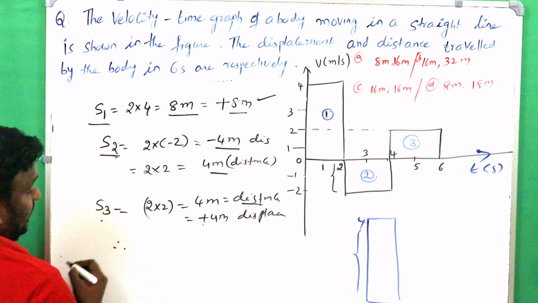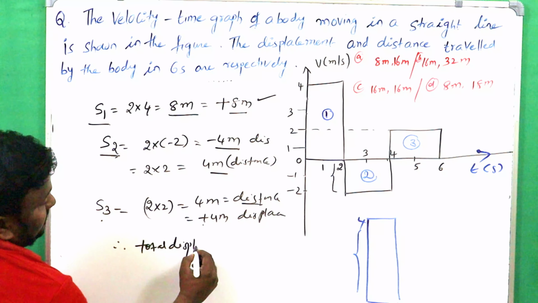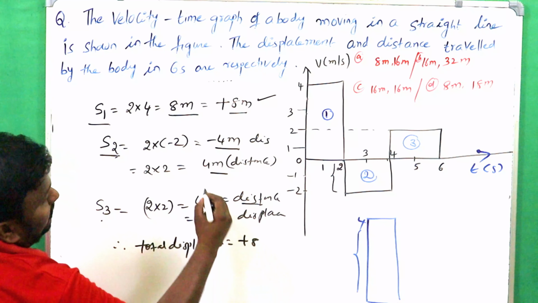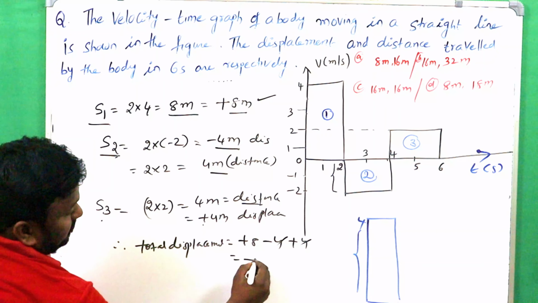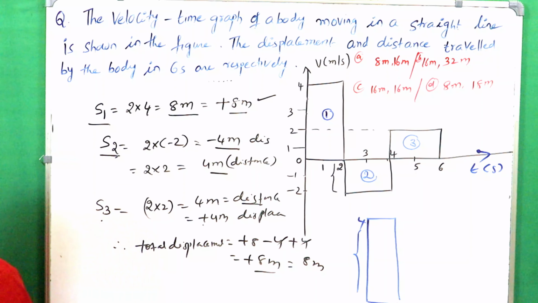Now we have to write the total displacement. That is plus 8 minus 4 plus 4. These two cancel, so you get plus 8 meters. That is the displacement.